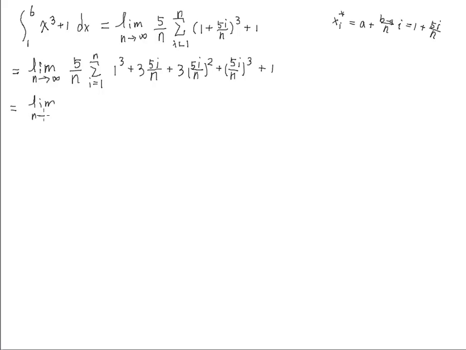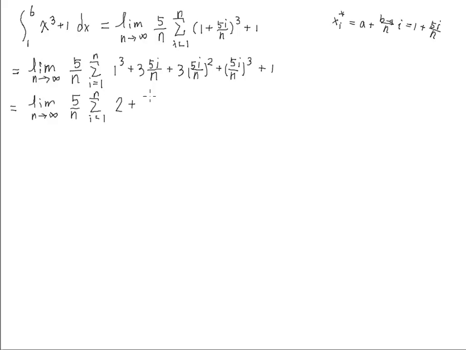So we have the limit as n approaches infinity of 5 over n and sigma, still the sigma sign. Remember, this is just adding all these things up, i goes from 1 to n. Let's add these two together. So we have 2, the constant term. And then let's look at the second term.